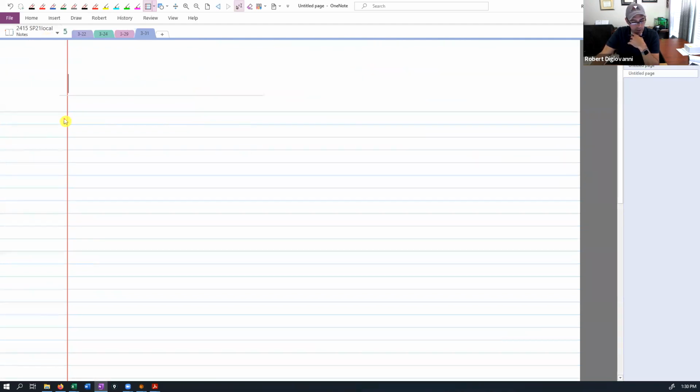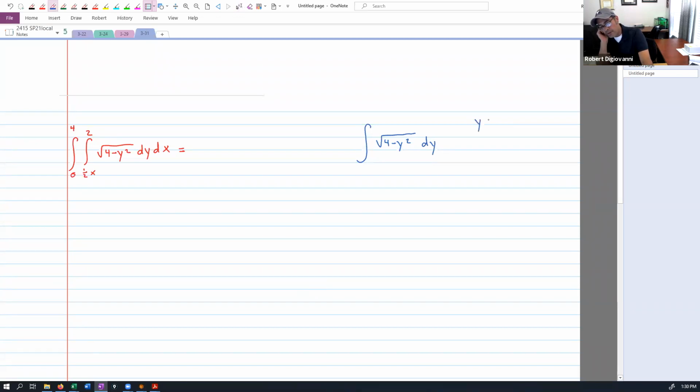I'll start a new page. Okay, so on the side here, scratch work, I'm just going to try and figure out what this integral would be, and I'll come back and plug it in here later. So I need to make a trigonometric substitution. So I'm going to replace y with something.